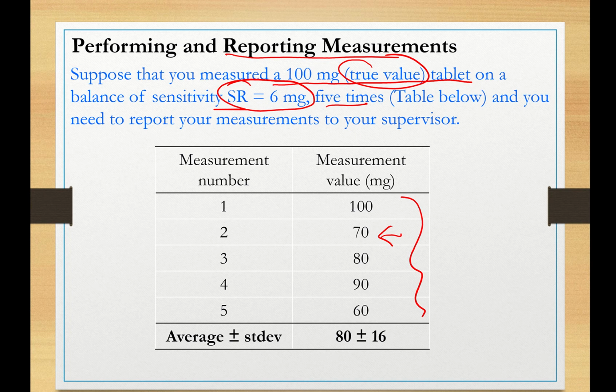The average value of these 5 measurements is 80, and plus or minus 16, that's the standard deviation of your measurements. This has nothing to do with the SR of the balance. This has to do with the analytical formula you've used to determine the spread of data about the mean or average value.